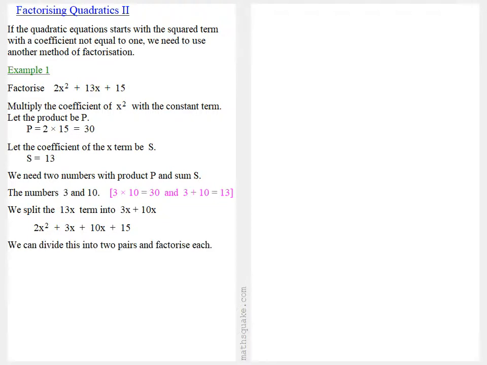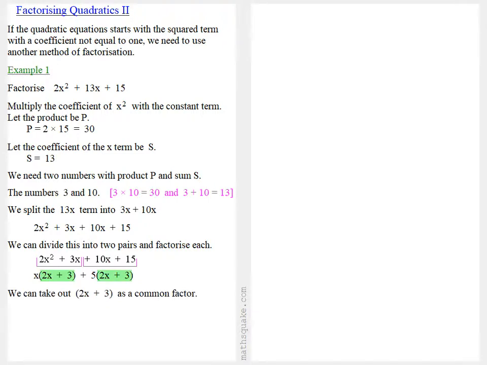We now divide this into two pairs of terms and factorise each. The first pair is 2x squared plus 3x, and that factorises as x into 2x plus 3. The second pair is 10x plus 15, and that factorises into 5 into 2x plus 3.